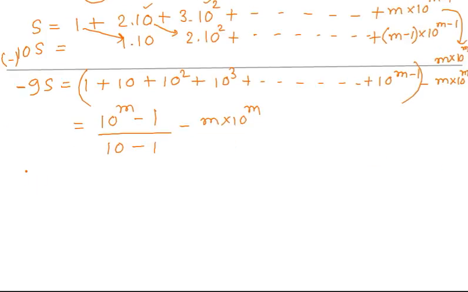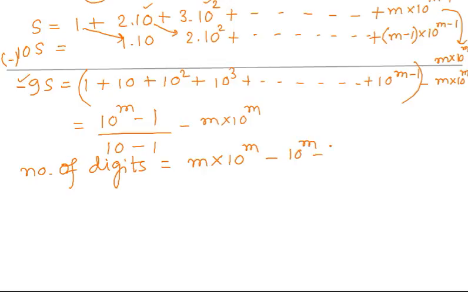So we can say that the number of digits up to the m digit number is going to be just the negative of this number, that is 9s. So we can write it as m into 10 to the power m minus 10 to the power m minus 1, divided by 9.